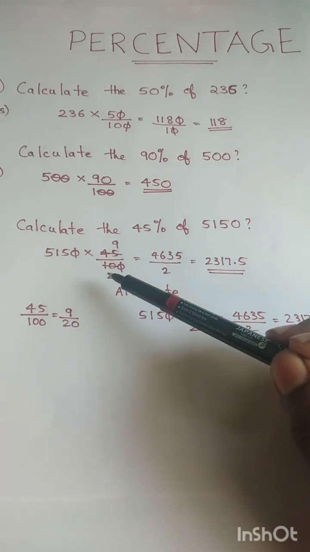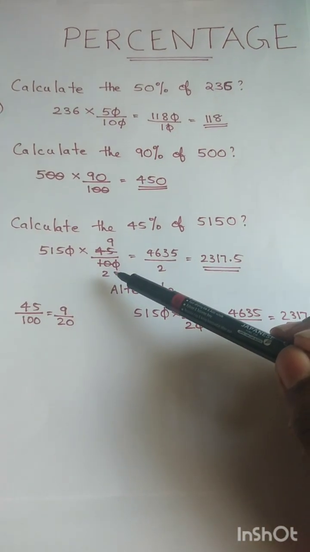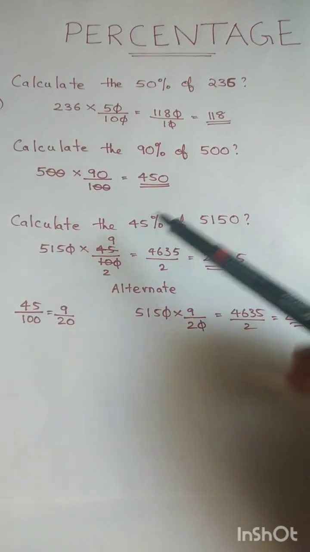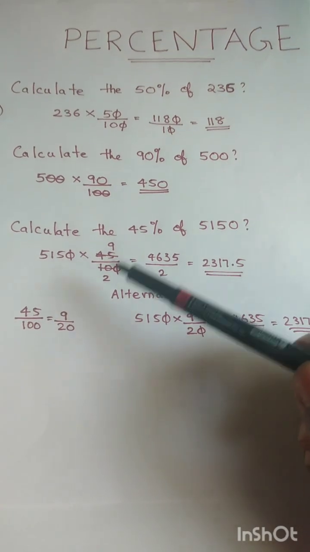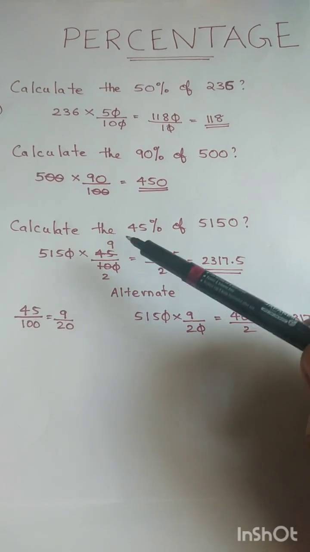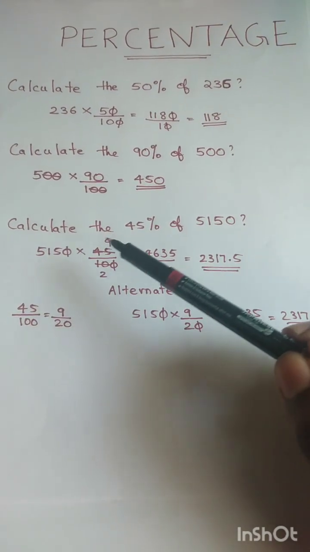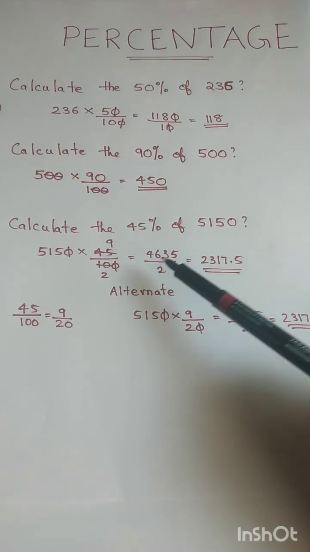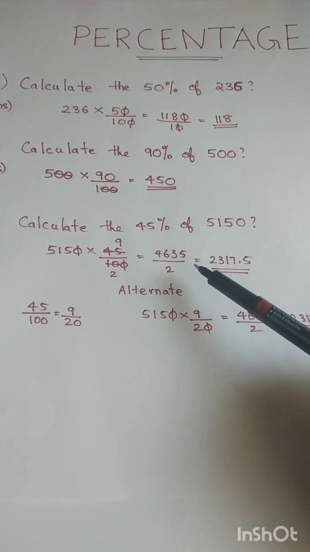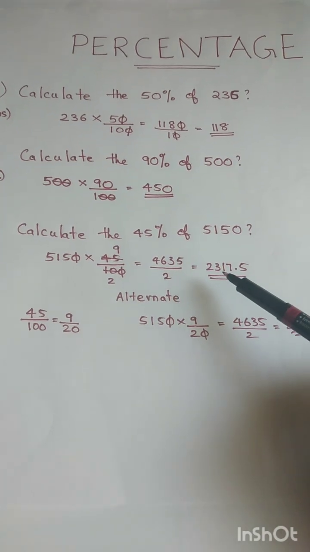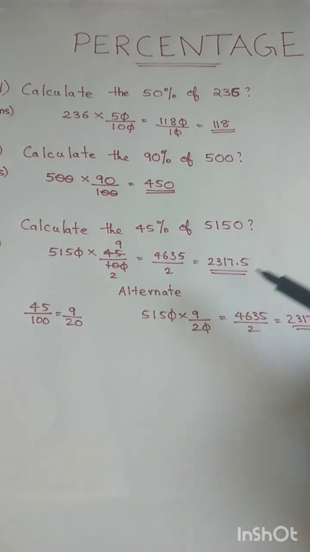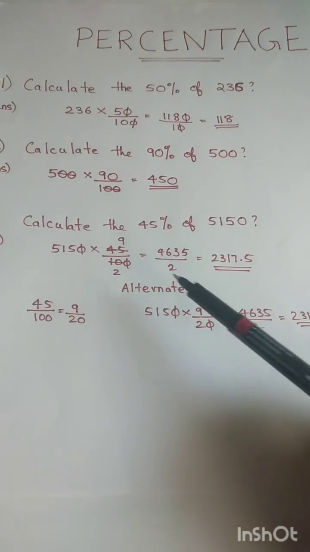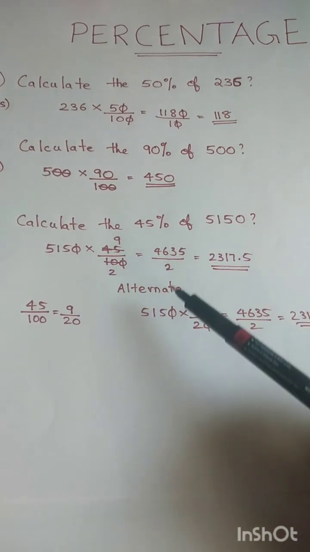So when we cancel it out, here it would become 2 and here it would become 9. So it will make the calculation a lot easier. So 515 into 9 would be 4635 divided by 2. So the answer would be 2317.5.